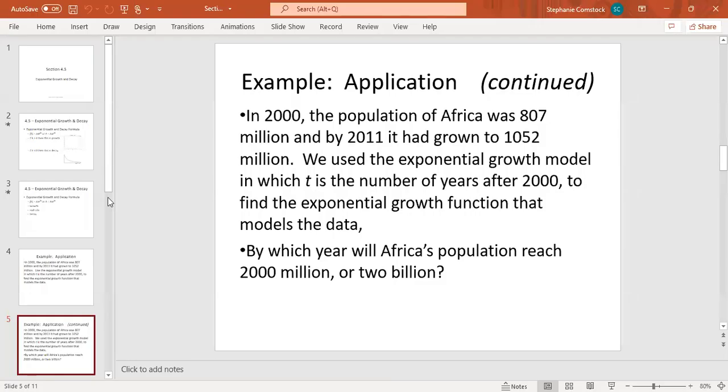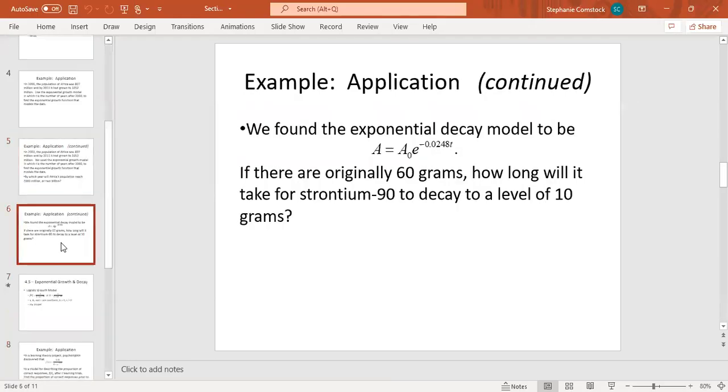So now let's take a look at another example. And so for this one, they have been nice enough to go ahead and hand us the entire example as to how this happens, okay? So we found the exponential decay model to be A equals A naught e to the negative.